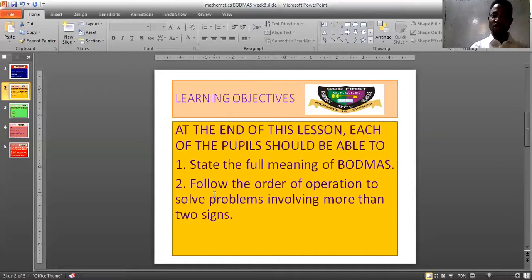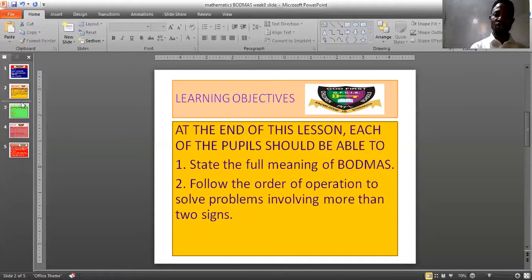You should also be able to follow the order of operation to solve problems involving more than two signs. One, you should be able to tell anyone that asks you the meaning of Bodmas, B-O-D-M-A-S. And two, you should be able to solve problems involving more than one sign. So let's see how it is done.